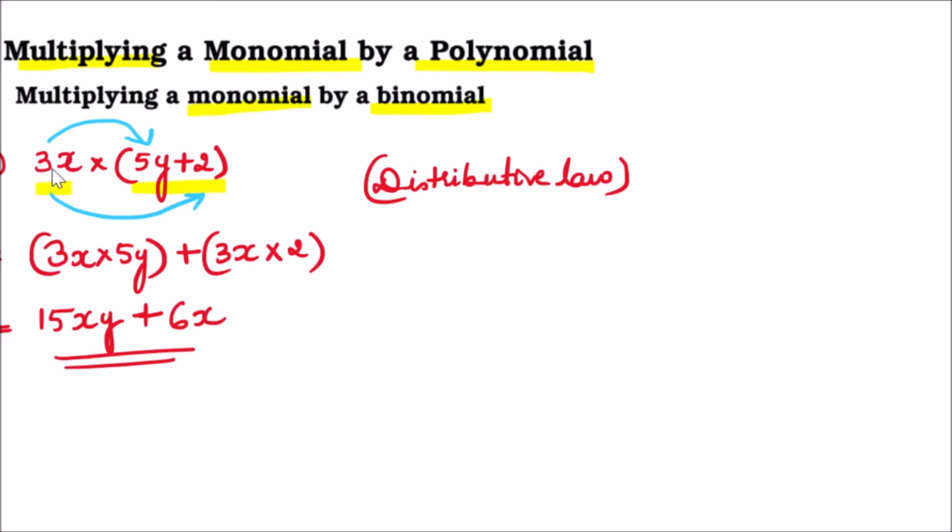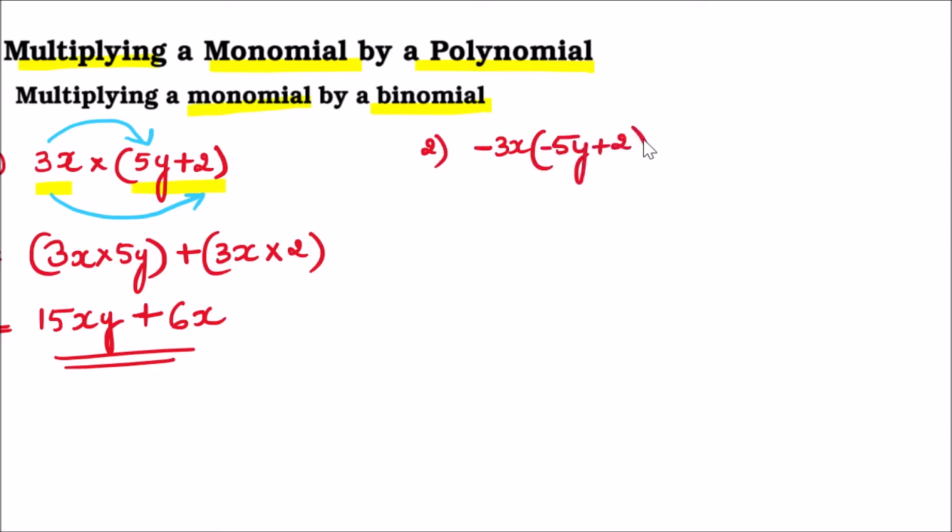Okay. See here, when a monomial is multiplied by a binomial, you are getting a binomial as a product. Okay. Minus 3x multiplied by minus 5y plus 2.